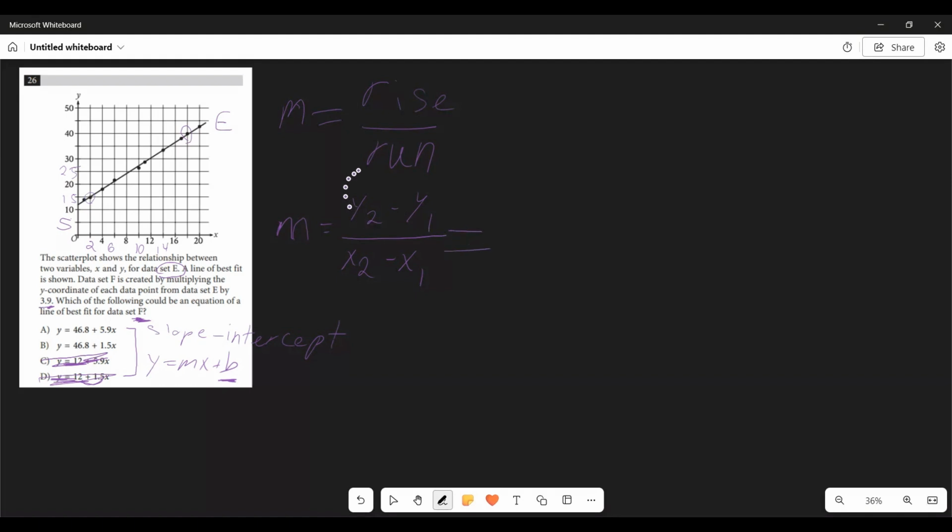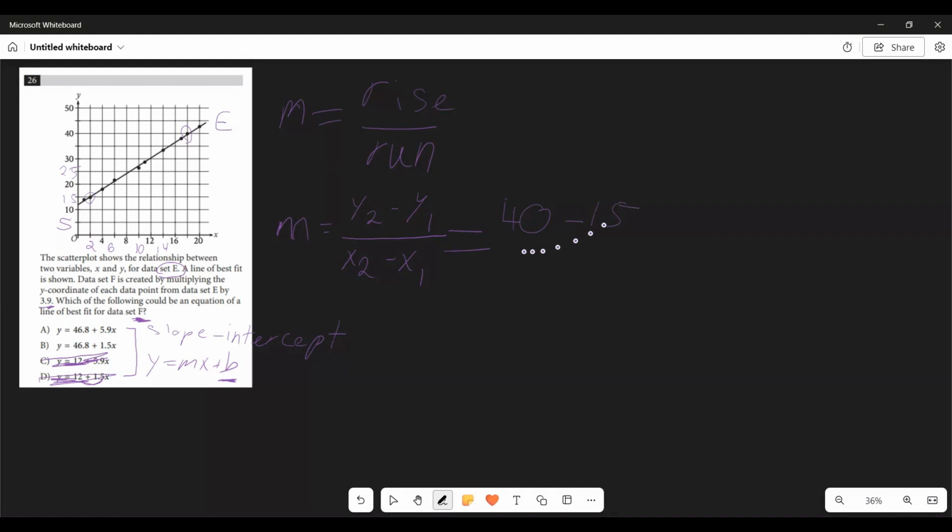You don't have to deal with any weird negative numbers or anything like that. So let's look at y2. This would be our point 2, so y2 would be 40. Now let's figure out what y1 would be. Again, looking at the y-axis, let's find our second point. y1 is at 15.